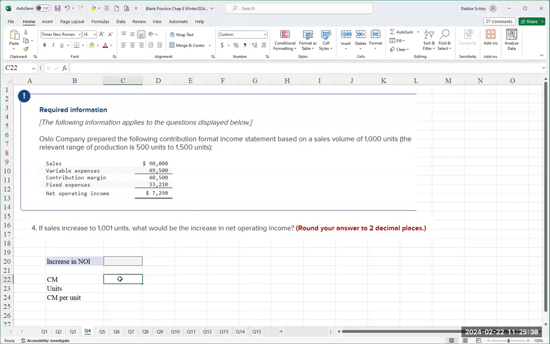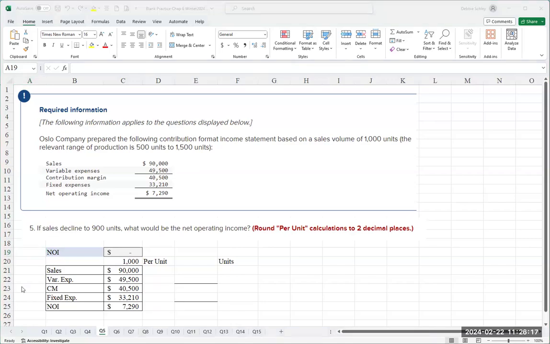So again, that's going to be the 40,500, or you can cheat and go back and look at question 1. My units were 1,000. So my contribution margin per unit is the contribution margin divided by the units. And so that is going to be my increase in net operating income if I increase sales by 1 unit. And that is because all of our expenses are covered. And so the contribution margin then just becomes part of the profit.